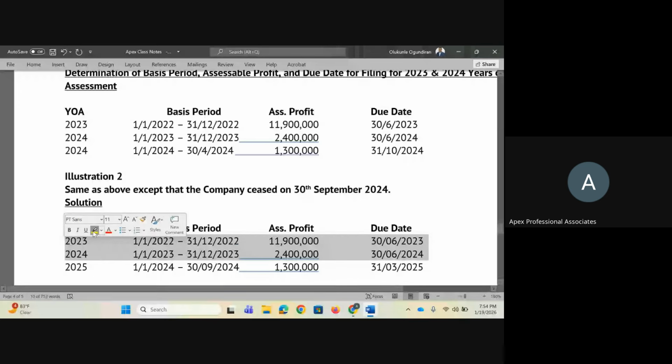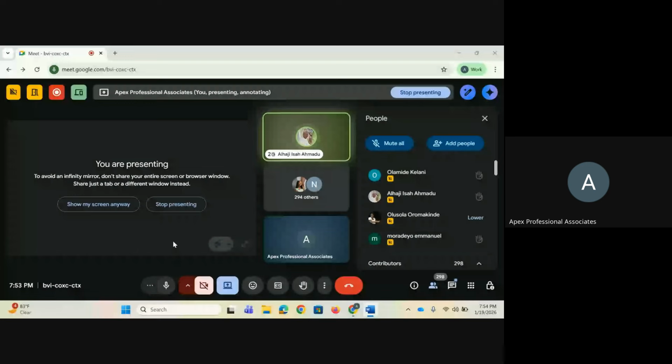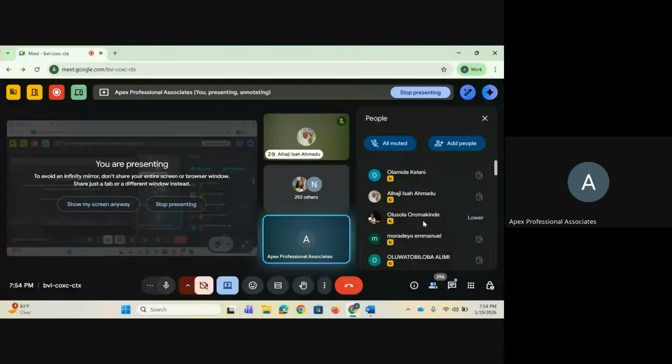And the ideal thing to do every time is to make sure you use all the information provided by the examiner, except where you can prove that the information provided is irrelevant. So in as much as the rule covers only the final year, and the years before should be on preceding year basis, because we have information that can help us compute for those dates, we have to compute that. But the rule is only applicable for the final year of assessment. Okay, sir, thank you. You're welcome.